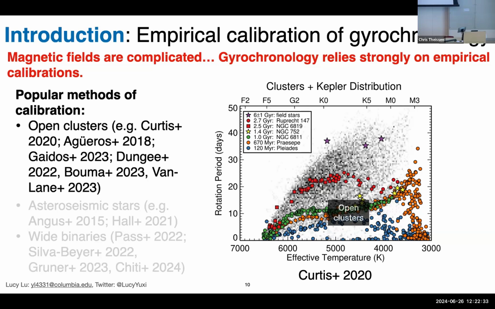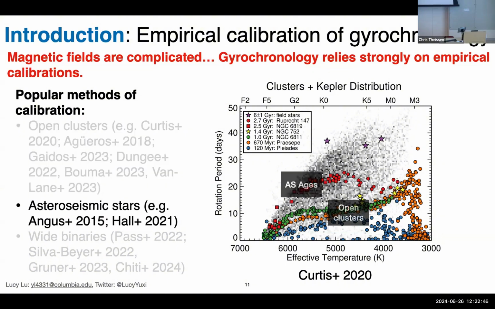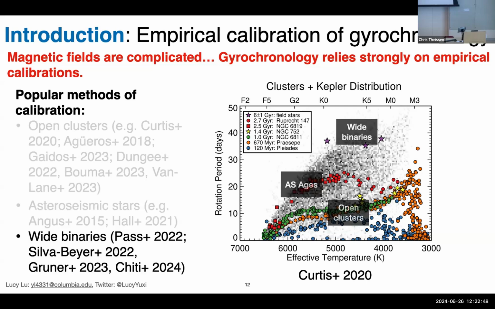We can also use asteroseismic ages, but the asteroseismic signal decreases dramatically for lower mass stars, so it can mostly be used to calibrate solar-type stars. There are also wide binaries, but we don't have a fully consistent sample across the entire rotation period and temperature space so far.